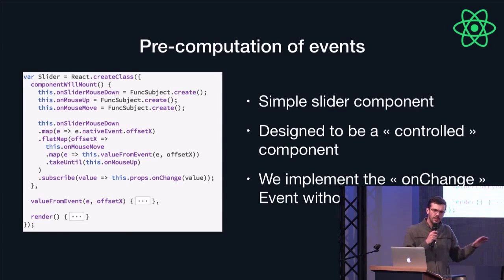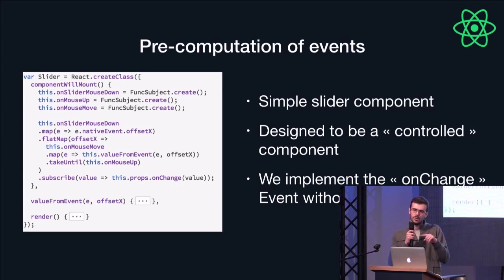So, still with event management, what we can do is pre-compute some events before calling a handler. Most of the time, you don't want to have stateful components. You want to have components that can be controlled from the outside. So, for example, here is a very simple slider component. It takes two props, value and onChange.